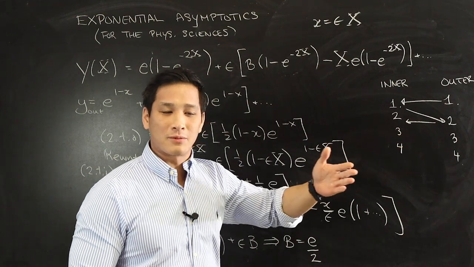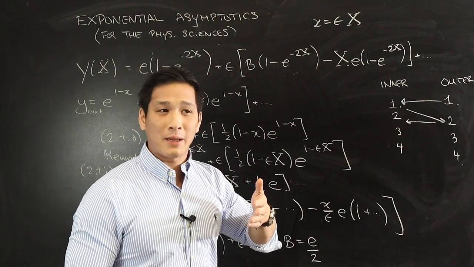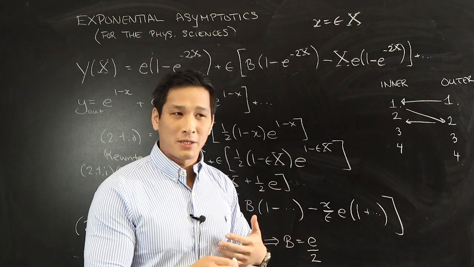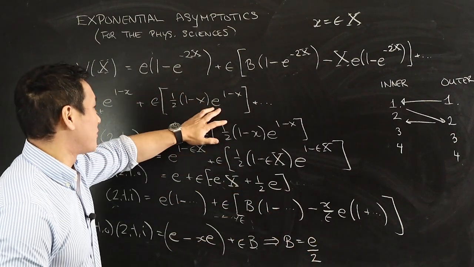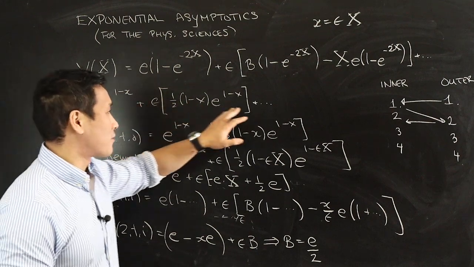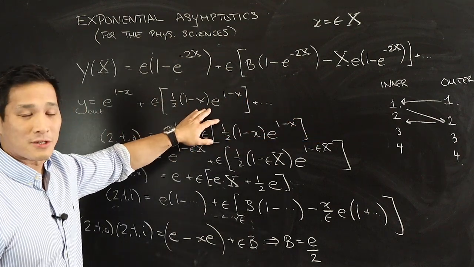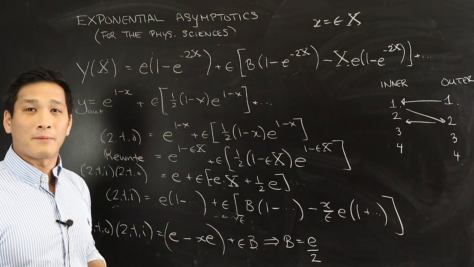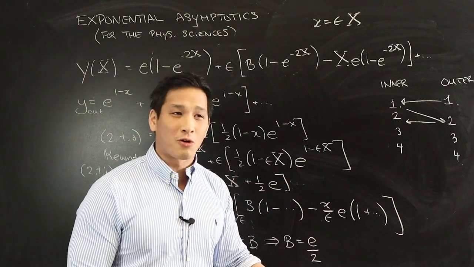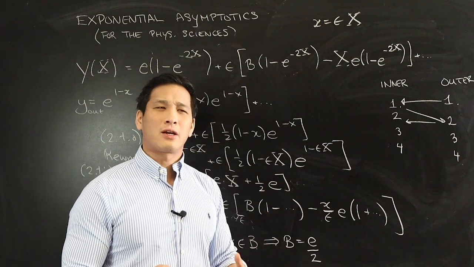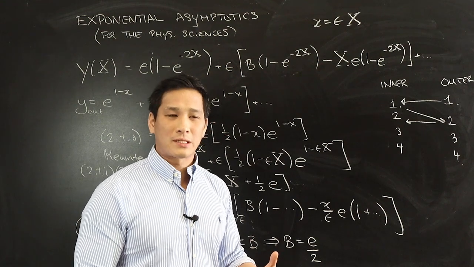But when you take them to a different region in space, you now have a potentially complicated and convoluted reordering of terms, where the second term becomes the same order as the first term, the third term becomes the same order as the second term, and so forth and so on. And in the exponential asymptotics bit of the course, our job is to try to come to grips with this kind of structure.